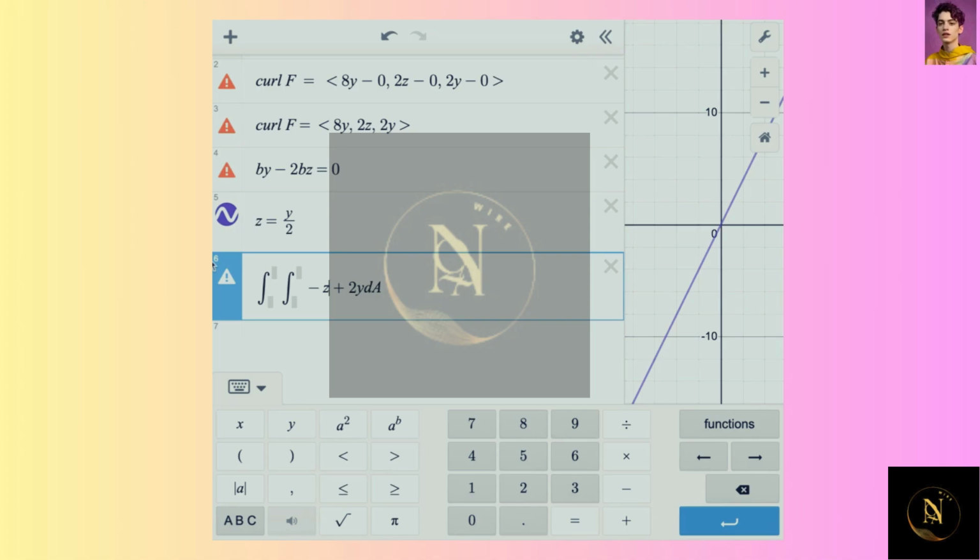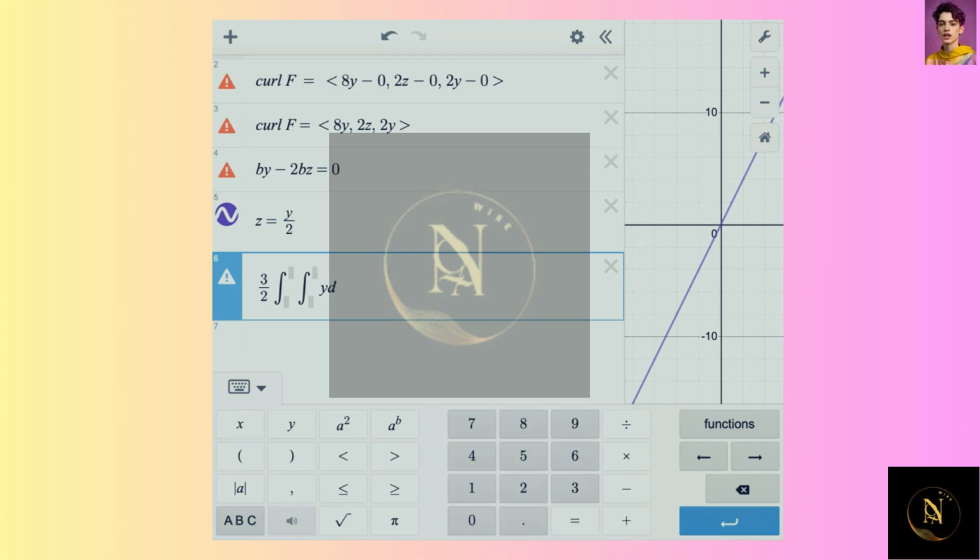Then, since z equals y over 2, we can substitute that here. Simplifying further, what we end up getting is 3 over 2 y, so we'll just be left with y inside and 3 over 2 on the outside. With all that, the bounds of integration, this will be dy dx.